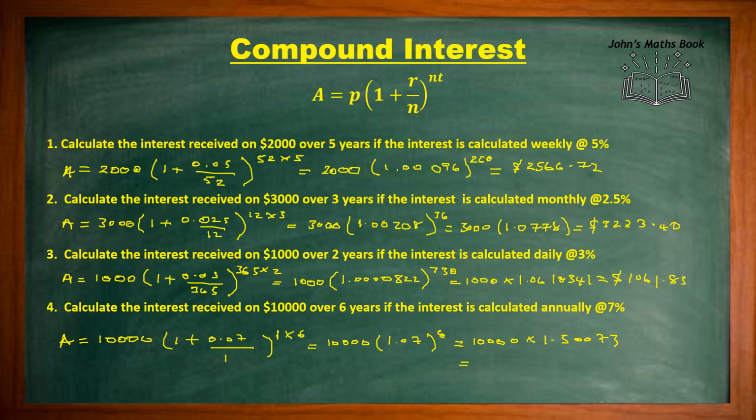If you multiply those two numbers together, you get, in dollar terms, $15,007.30. So that concludes this video on compound interest.